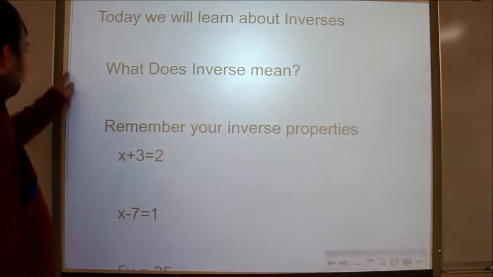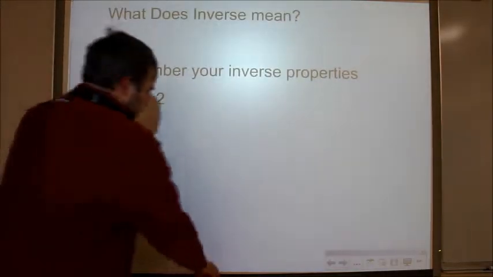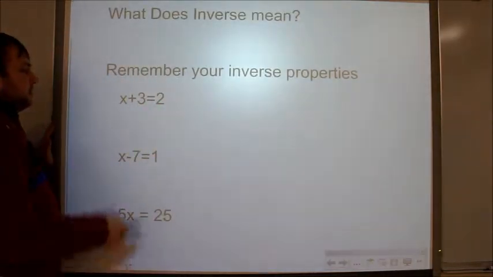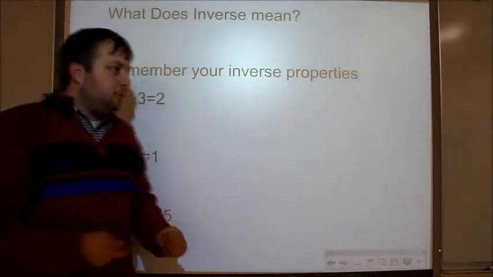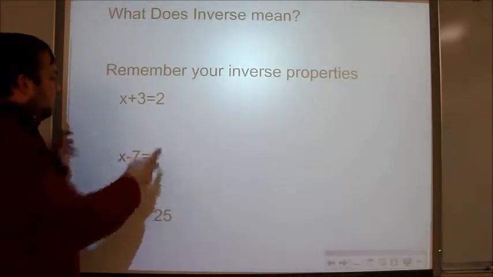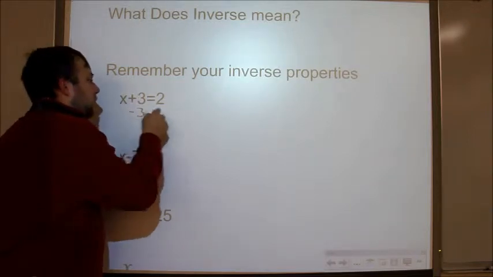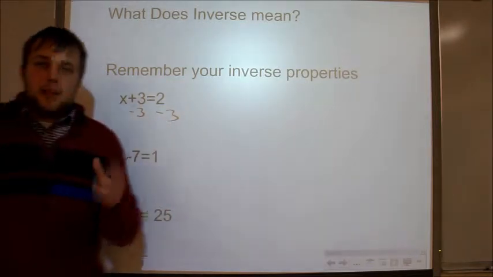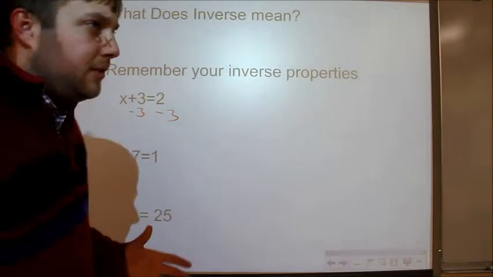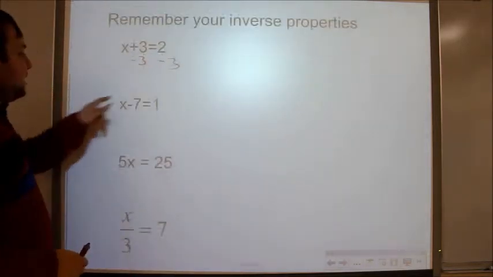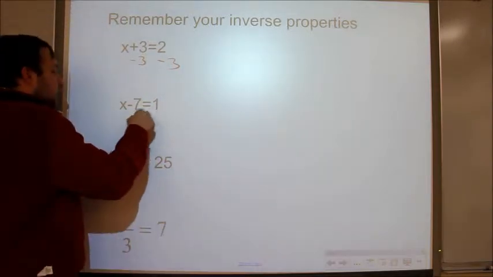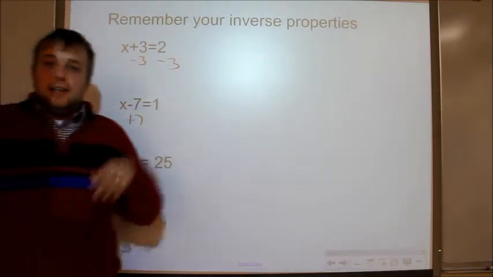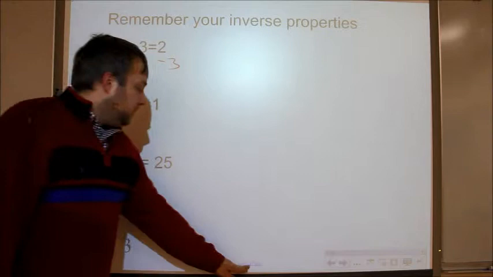Anyways, so remember their inverse properties. Inverse properties. Well, what's the inverse of positive? We do this all the time. Well, it's a negative. Right? That's how we do inverse of positive. What's the inverse of a negative? Well, we got to flip it around. Positive 7, right? That's the inverse. Here's another one.